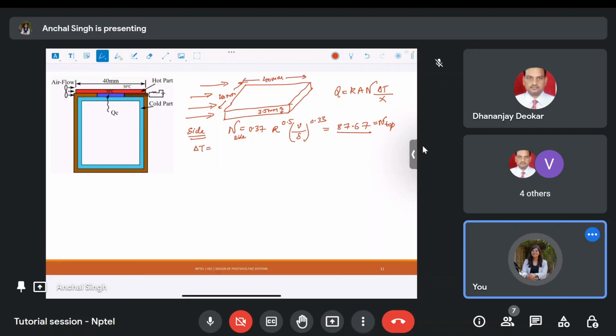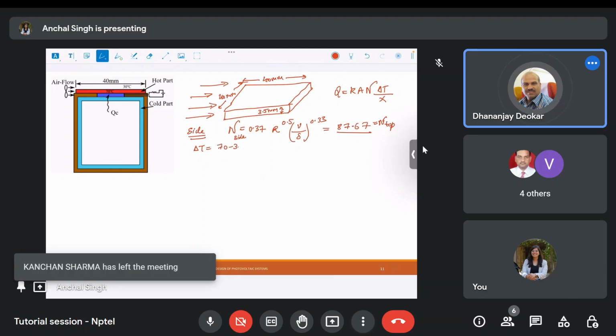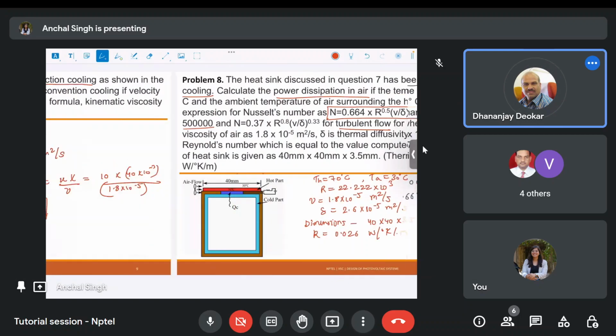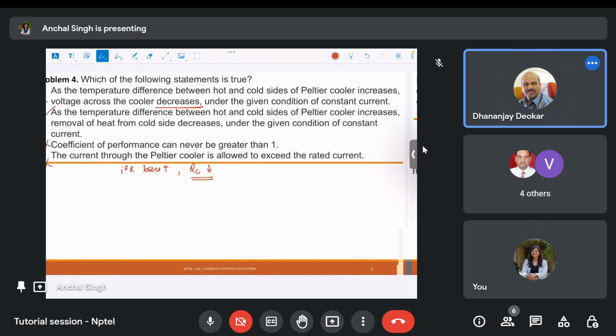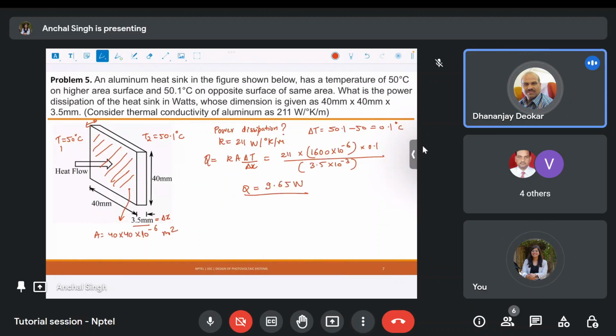Madam, can I ask a question? Sure. In the earlier problem number 5, we had the same dimension of the heat sink, and there we used the formula Q is equal to K A delta T by delta X. Here it is forced cooling, so the Nusselt number is coming in, and there it wouldn't come.